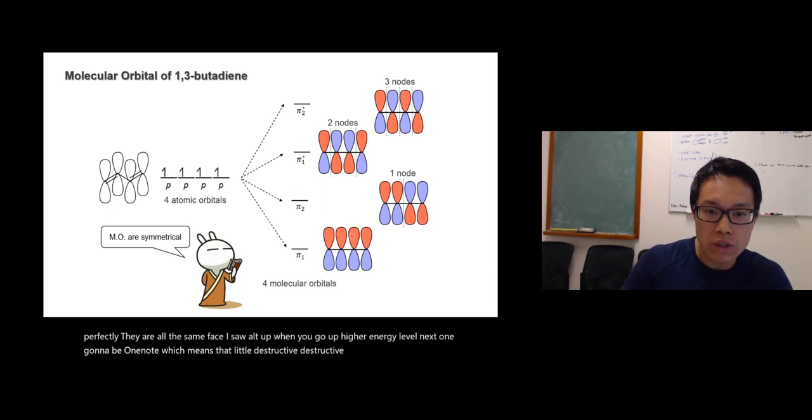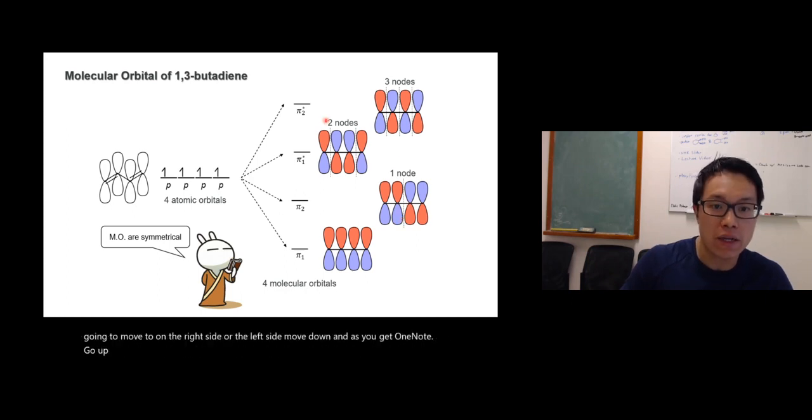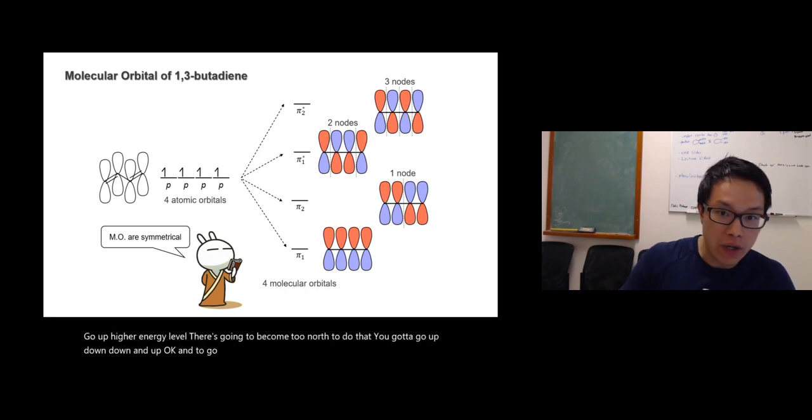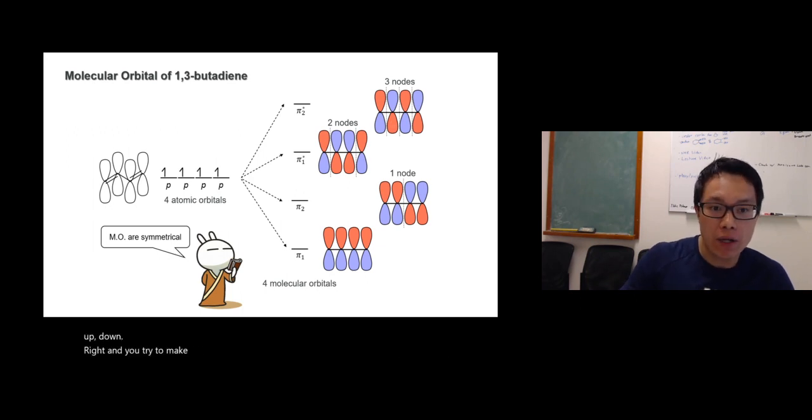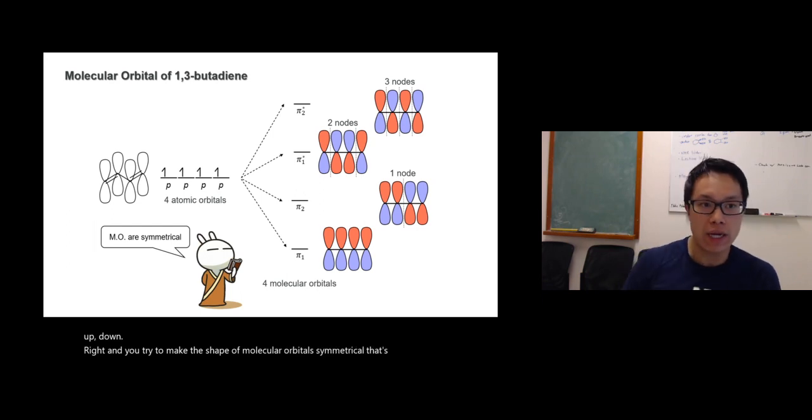I move 2 on the right side down, and you get 1 node. Go up higher, and this becomes 2 nodes: up, down, down, and up. For the next one, we need 3 nodes: up, down, up, down. And you try to make the shape of the molecular orbitals symmetrical. That's how you control the shape.